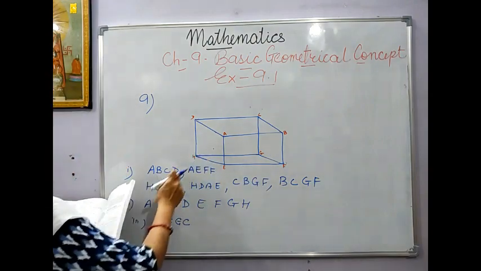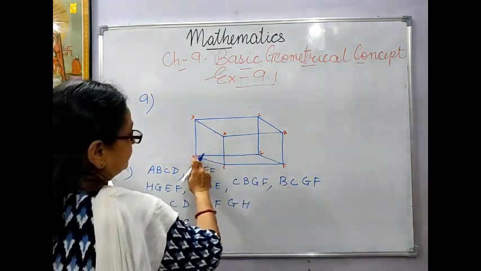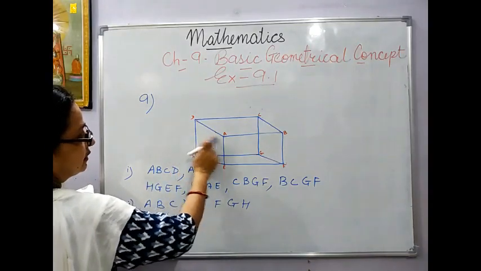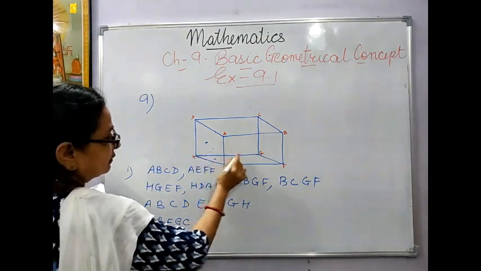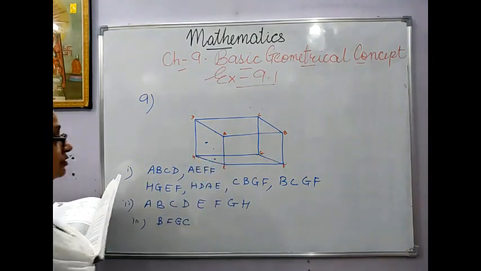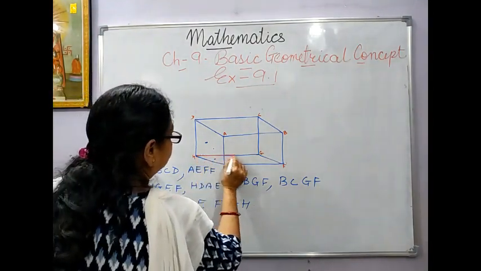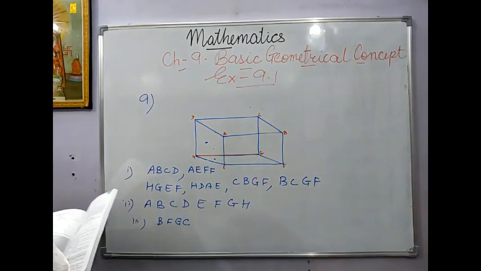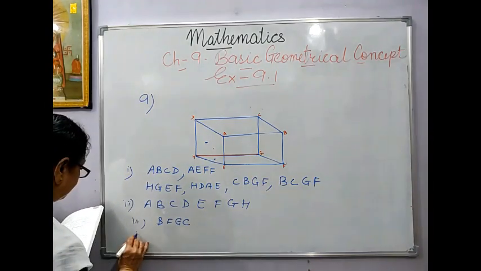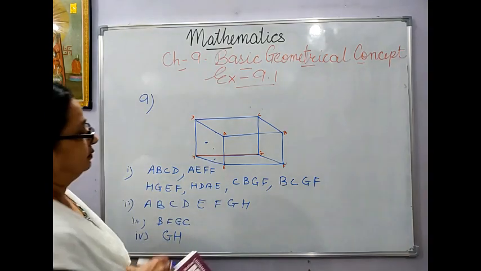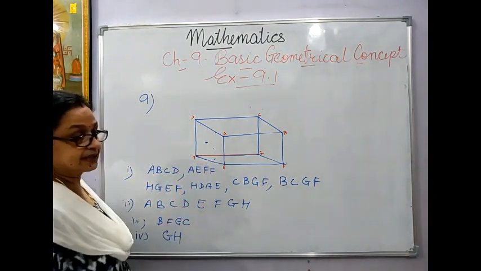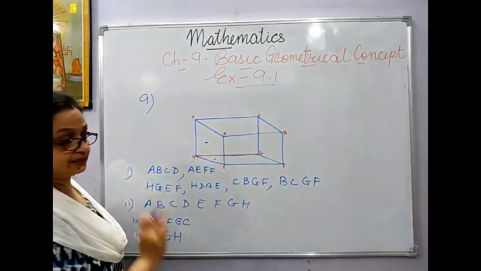What is the line? It is GH, the line of intersection of this plane and this plane, one on the back side. What is the line of intersection of both planes? This one. So you will write down GH for the fourth one. Clear? One this side and one this side. Line of intersection is this.